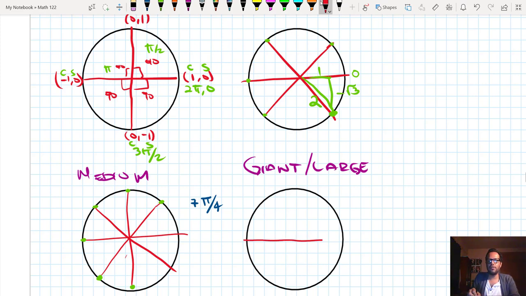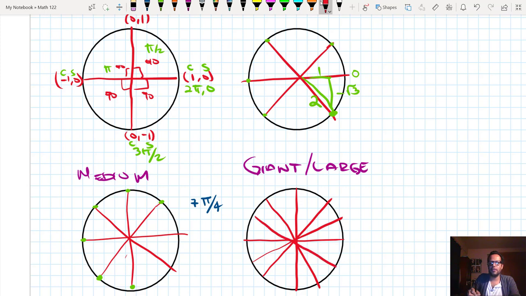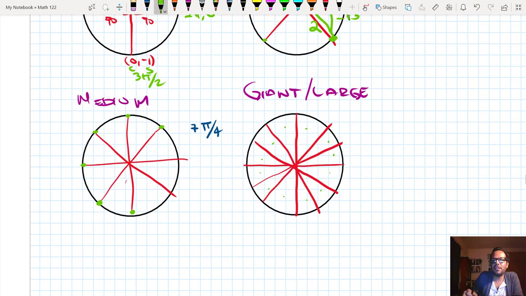I'm going to do something similar to the 60 degree, but I'm going to divide each in 2. So what are we going to have? We have 1, 2, 3, 4, 5, 6, 7, 8, 9, 10, 11, 12 slices. Each slice is 30 degrees, right? Each slice is a 30-degree angle.